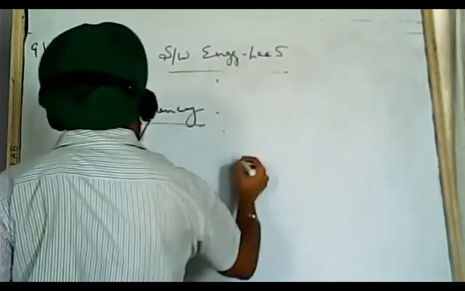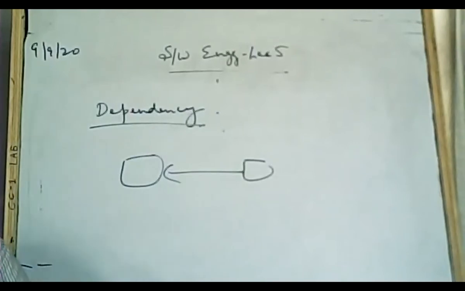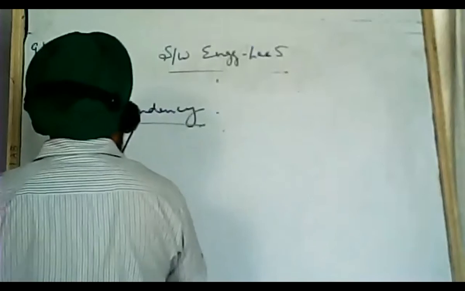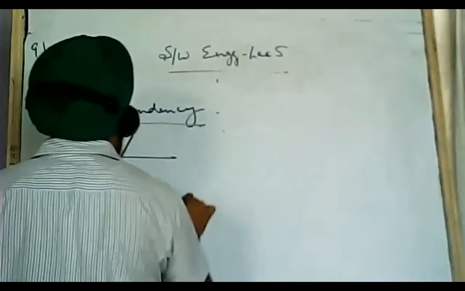So here, how one class is dependent upon another class is shown in a dependency. You can also show it with the help of a dash. So one class is the independent class and the other class is the dependent class. I will just make it like this.